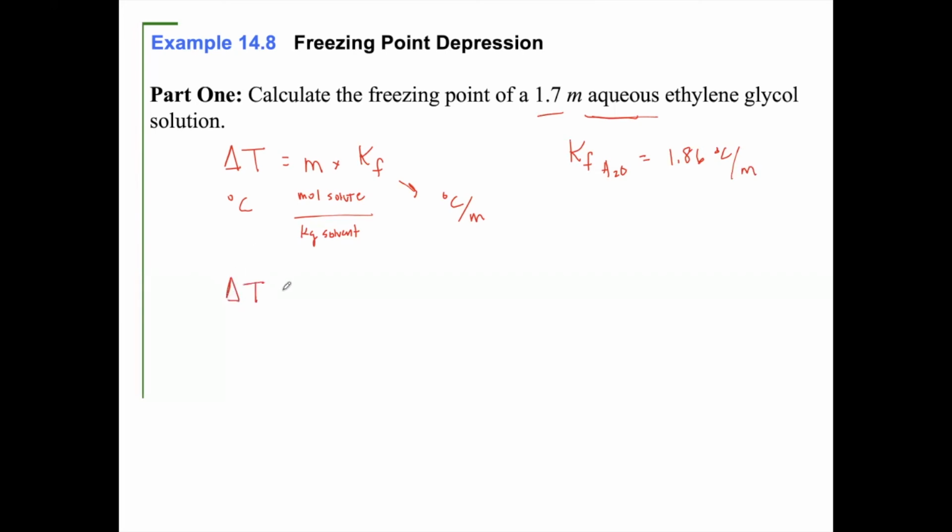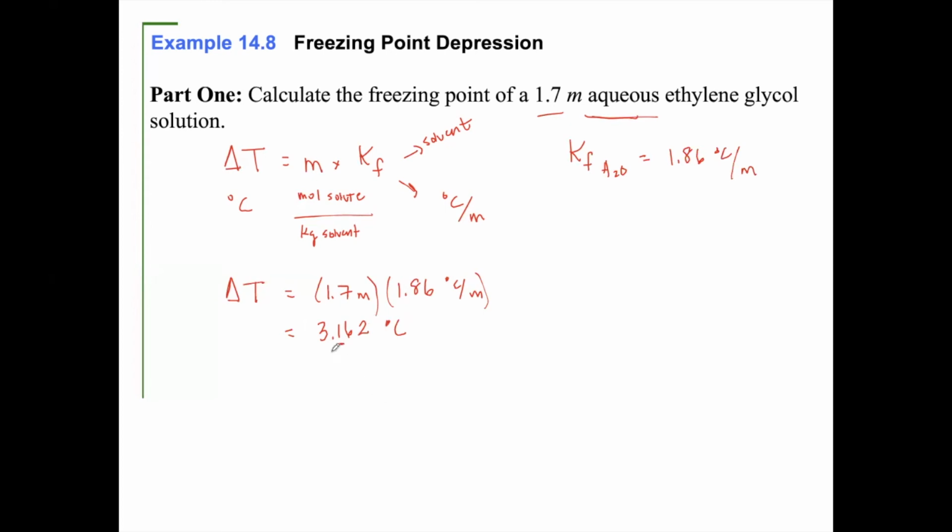So delta T is the molality times the freezing point depression constant for the solvent, right? So this is again for the solvent. Okay, so this ends up being, just underline my least significant digit there.